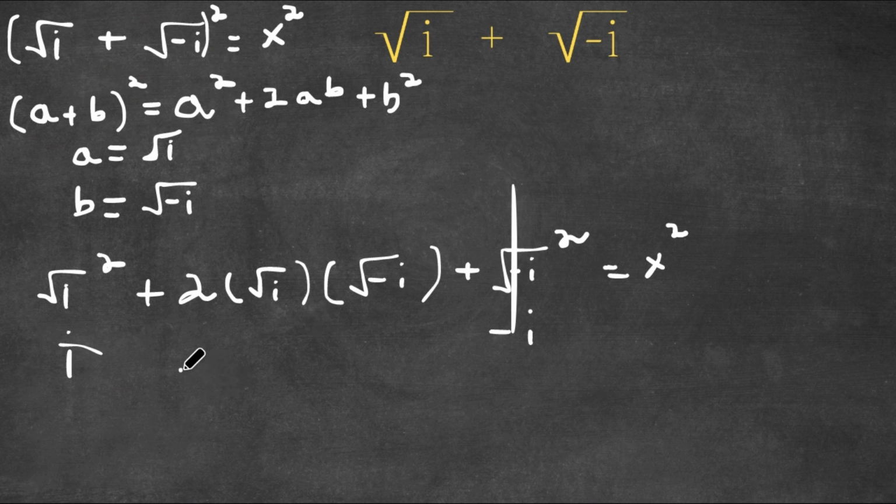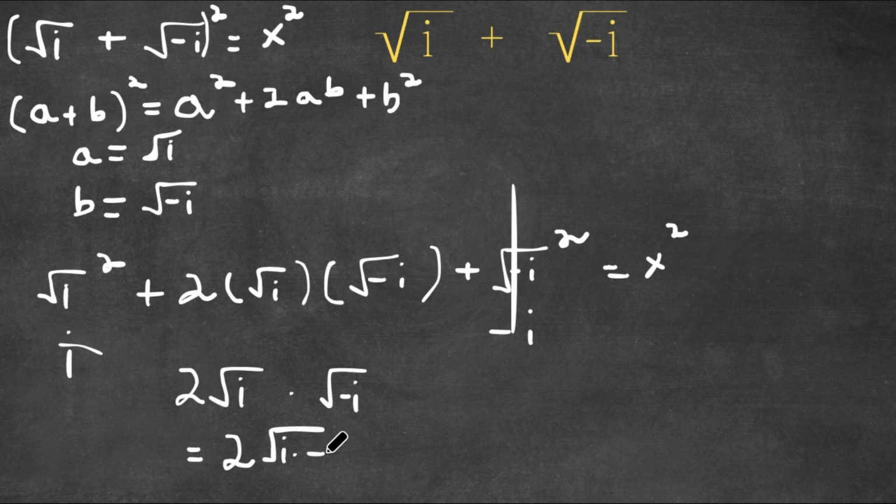So we're simply left with 2 root i times the square root of negative i. And this is equal to 2 times the square root of i times negative i.